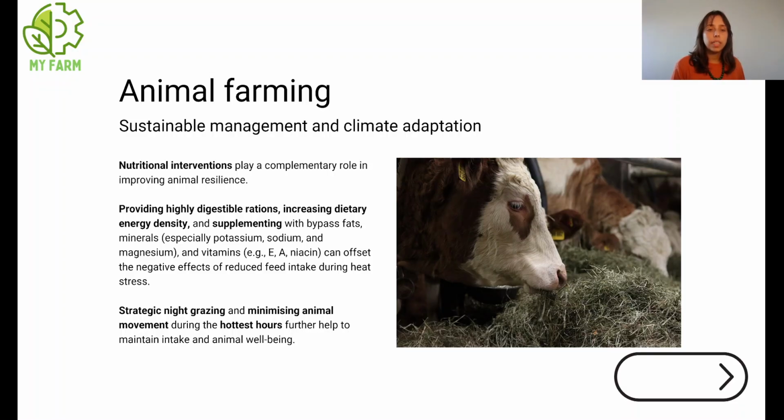Strategic night grazing and minimizing animal movement during the hottest hours further help to maintain intake and animal well-being.